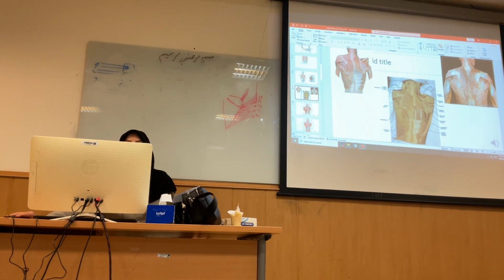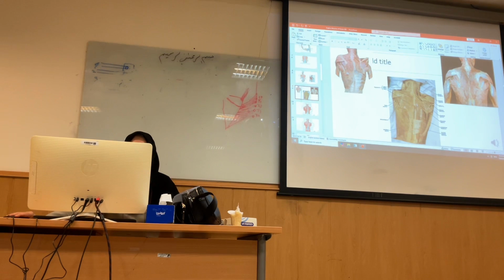Now, if I remove the latissimus dorsi, as in this picture, I am able to show you the serratus posterior inferior muscle.